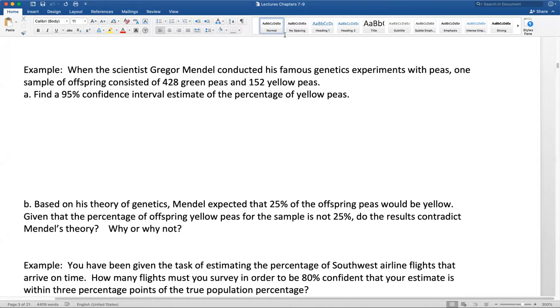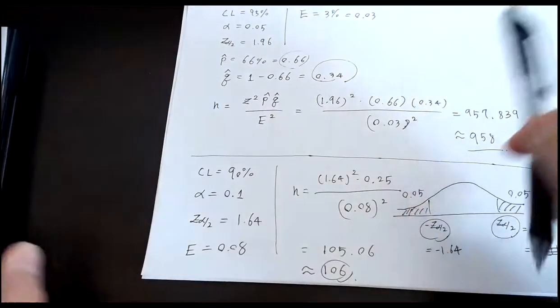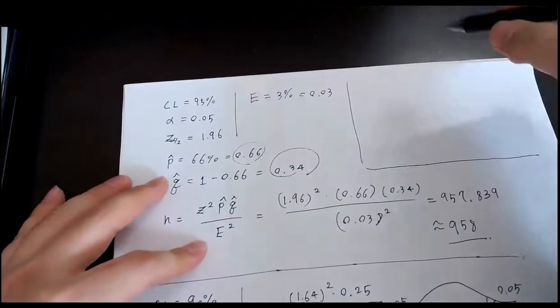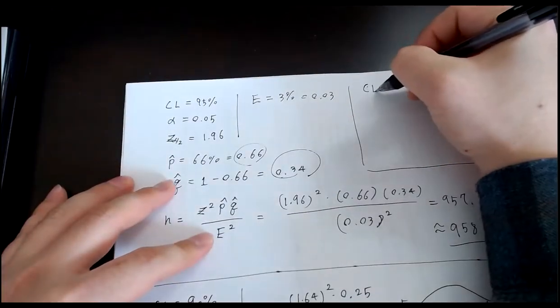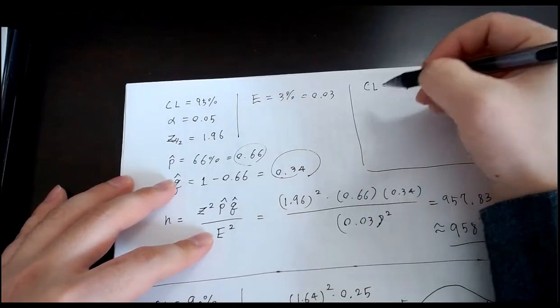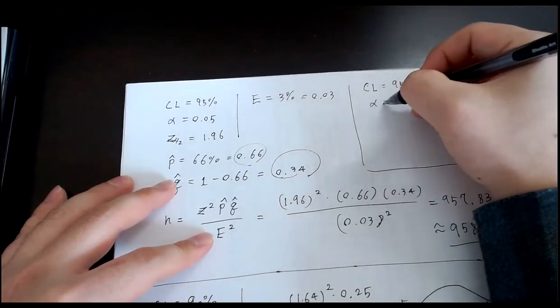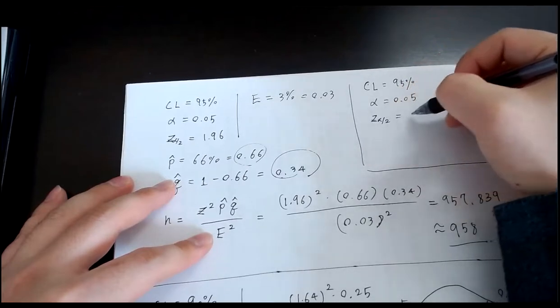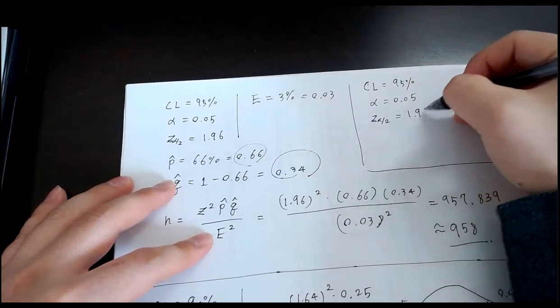So let's do this. In that example, the confidence level is 95%, right? Okay, and then alpha is 0.05, critical value is 1.96.